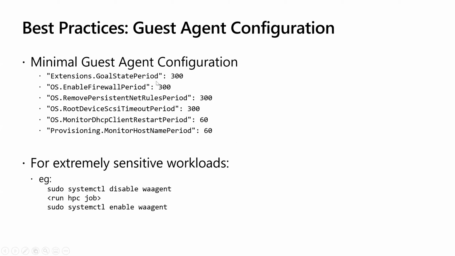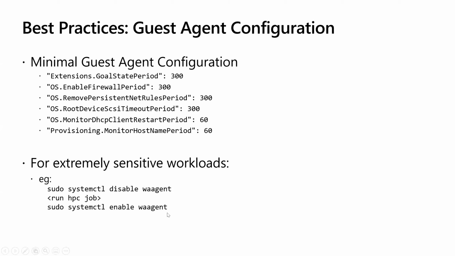But if your workload is really sensitive, you can even just disable the agent, run your job, and enable it later, when your job is over or when you're done with the deployment. It's completely up to you. There are no side effects.